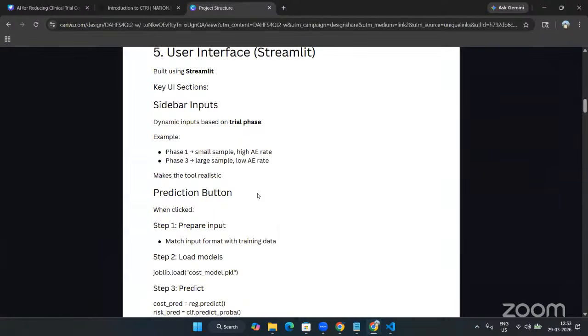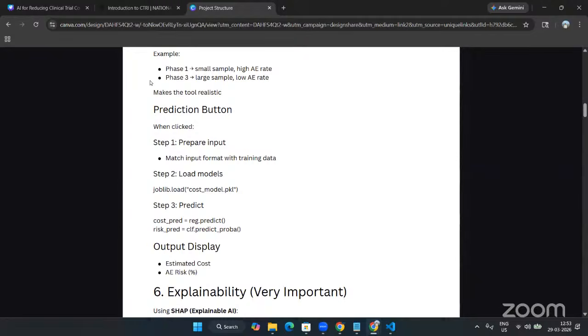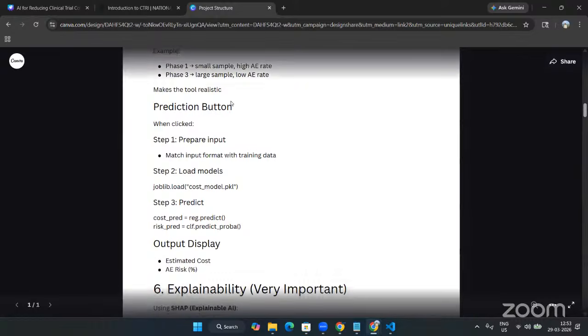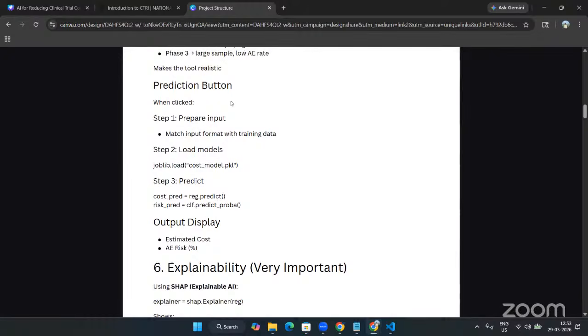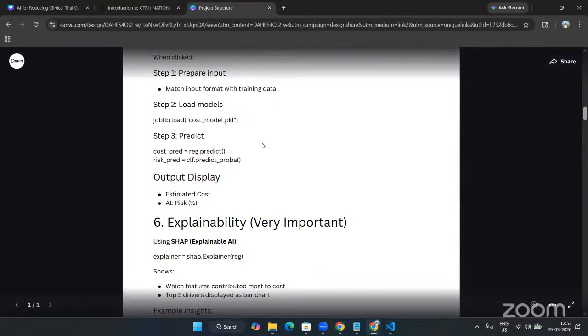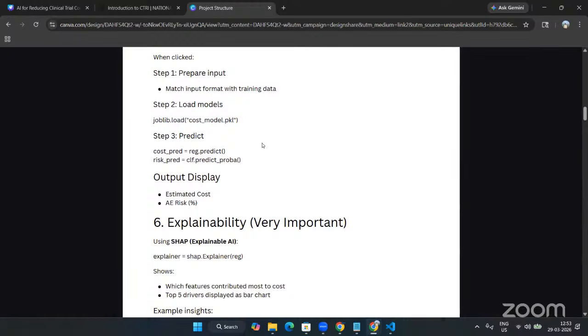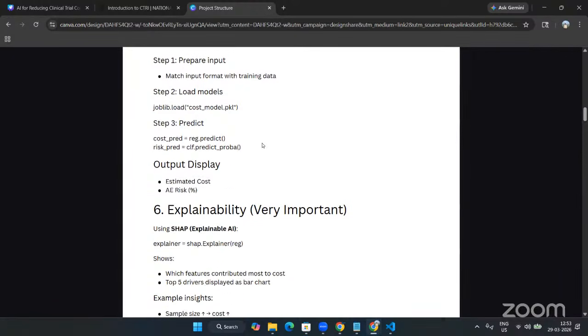Okay, so that's the bar which explains that we can choose the phases. Then we can click on the predict button, and when we click on the predict button, this is how the algorithm works. It prepares the input, matches the input format with the training data, then loads the models. So joblib.load cost_model.pkl, then predict.